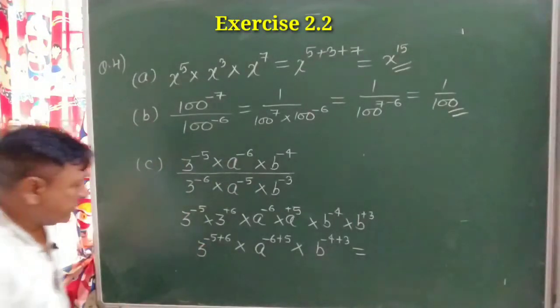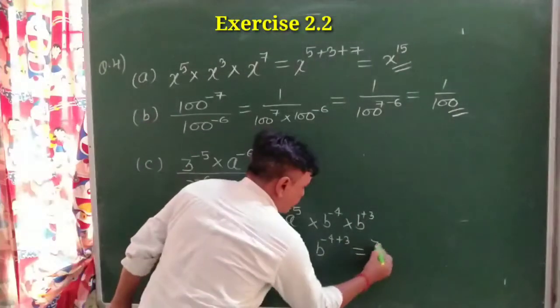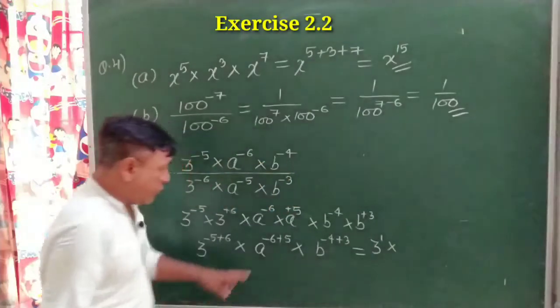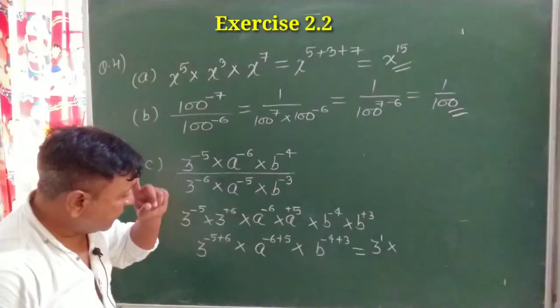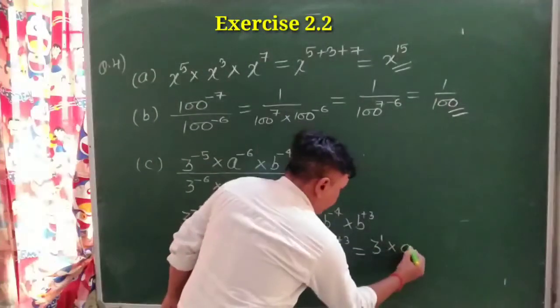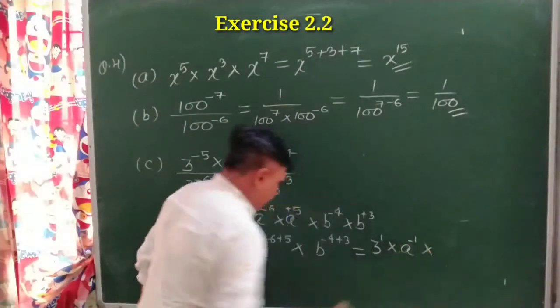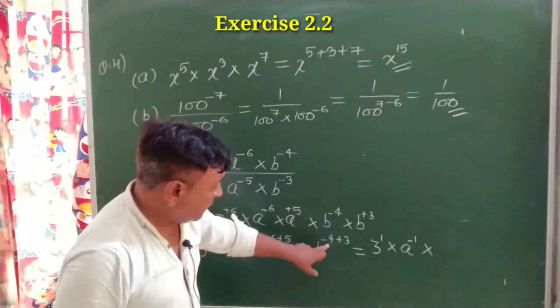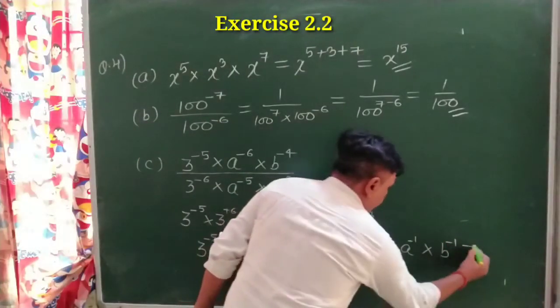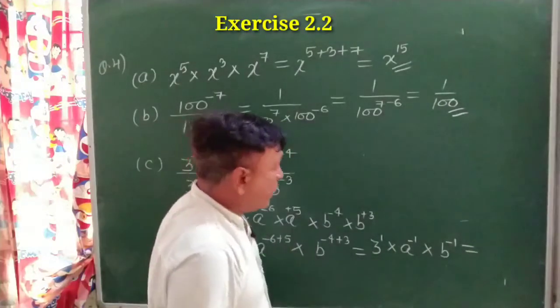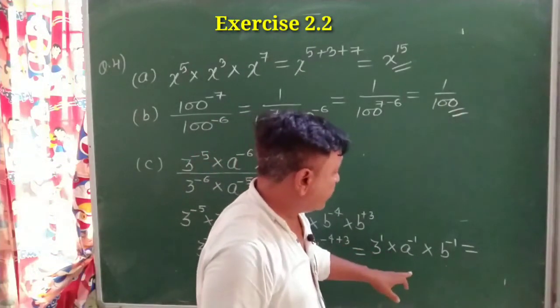Plus minus minus, it will be 3 raised to the power 1 into. Here also plus minus minus, it will be left minus 1. A raised to the power minus 1 into, here also minus 4 plus 3, it will become b raised to the power minus 1.